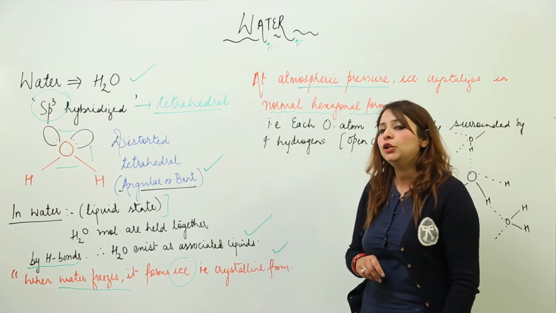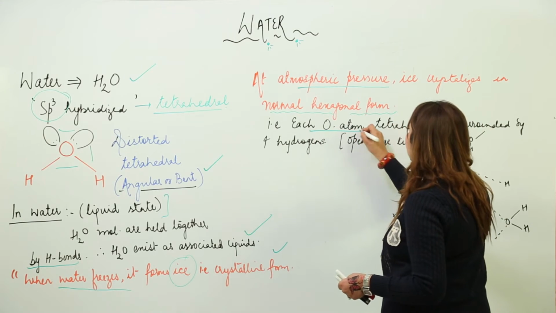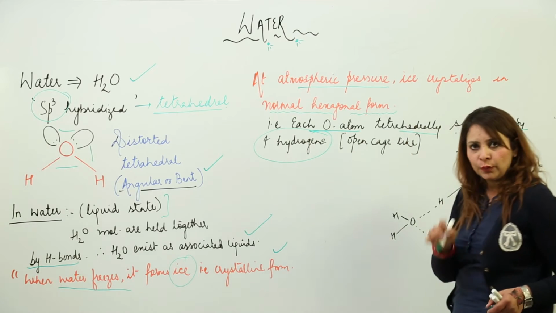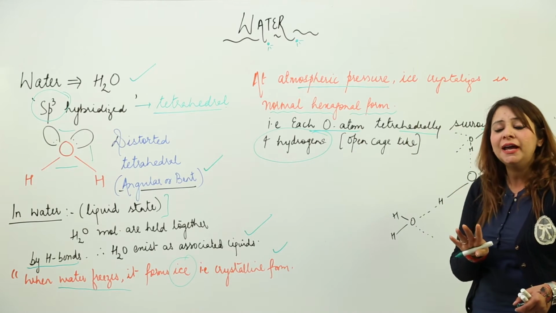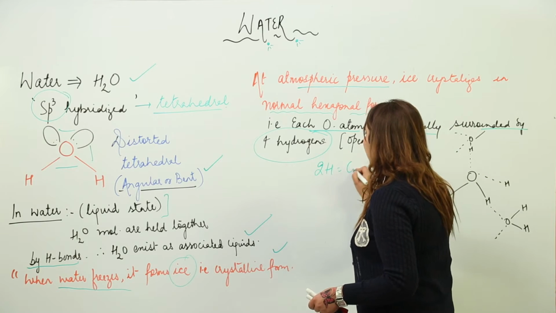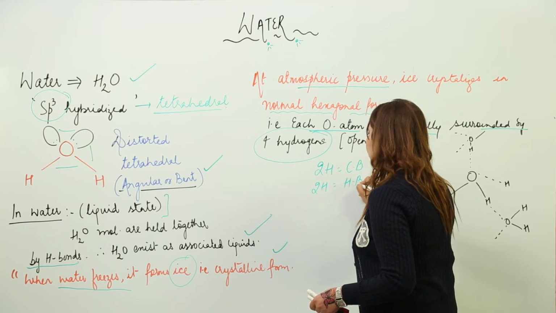Now what is the hexagonal structure here? In this, one oxygen atom is tetrahedrally surrounded by 4 hydrogens, out of which 2 hydrogens are held by covalent bonding and 2 hydrogens are held by hydrogen bonding.